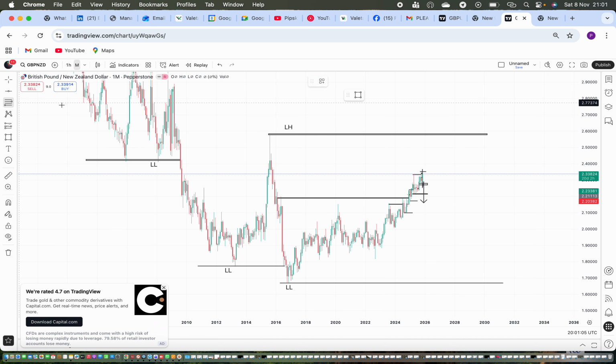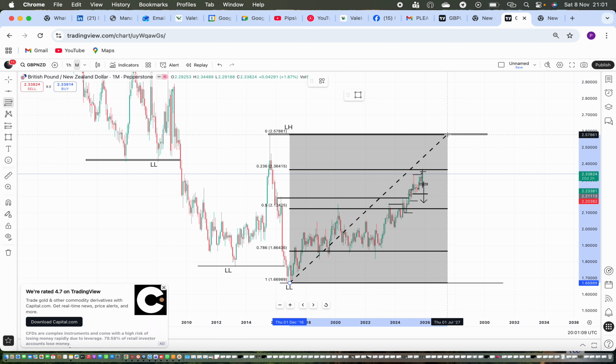If we measure this from here to here, see, price is already at a discount level, trading above 50%, but we need to see a shift of market structure on the daily time frame or the weekly time frame to actually start looking for a possible sell opportunity to the downside.